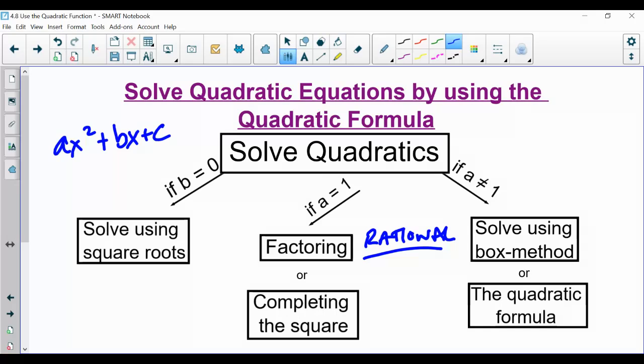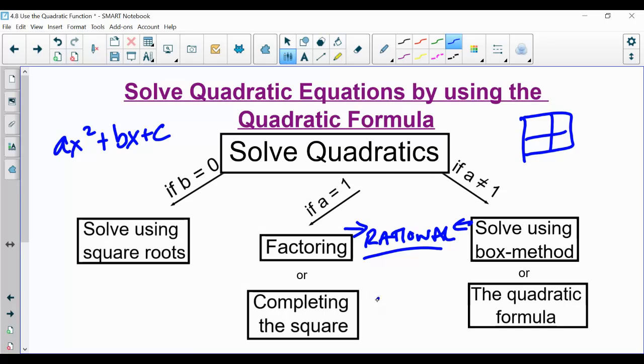If the b term is not 0 and the a term is not 1, then you would try solving this using the box method. I want to just kind of show you guys, these both refer to squares, boxes, kind of similar. People conflate these a lot. The box method is this guy. So solve it using the box method. Once again, this will only work if it's rational.